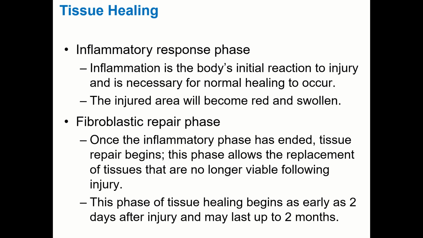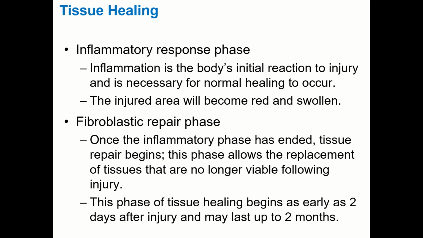Once we've done a bunch of isometric work, we'll start working on isotonic, which means same tension. With your TheraBands, that would be considered isotonic, even though the resistance changes throughout the range of motion. We'll ignore that. Have them do some isotonic work, and then you'll work your way into different stability-type exercises.